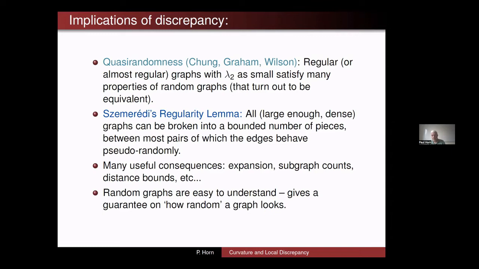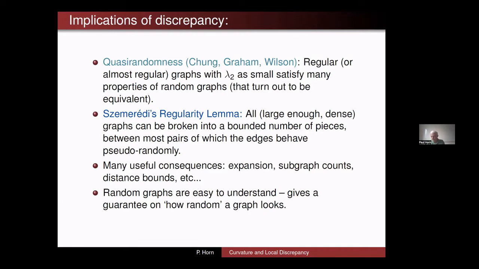So that if you had a sequence of graphs that had some properties, then actually they had a whole suite of properties that were shared by random graphs. And perhaps one of the easiest to certify, most useful of these, was actually the eigenvalues. So if you have a sequence of d-regular graphs whose lambda 2 is little o of 1, then actually this entire family will share many properties of random graphs that, as I say, they all turn out to be equivalent.